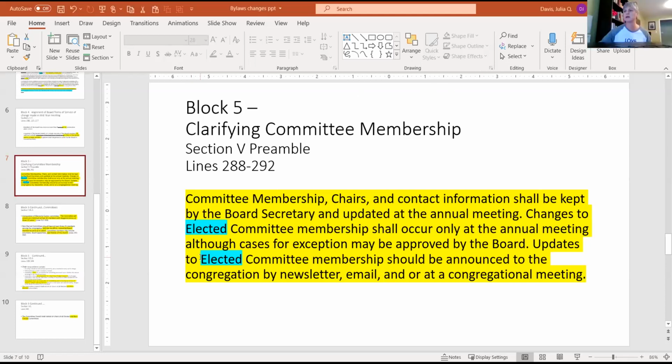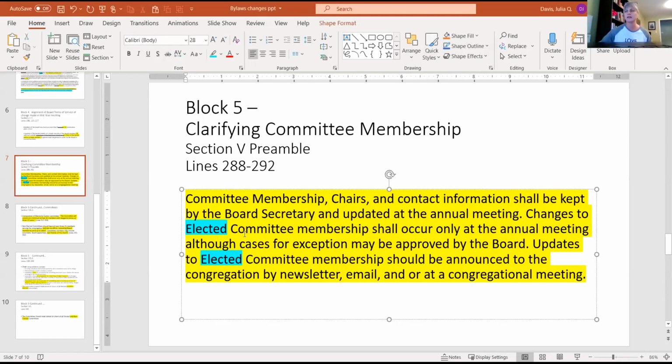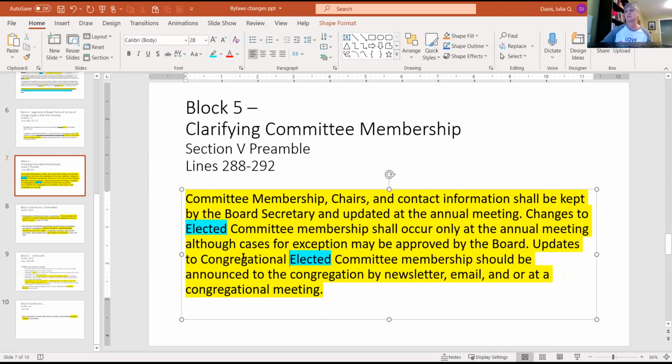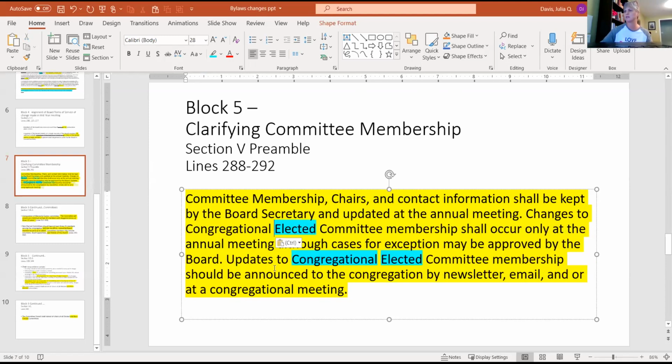Okay, so am I hearing then another change to make this congregational? Andy and Brad? Elected committees are congregationally elected. Is that what you mean?